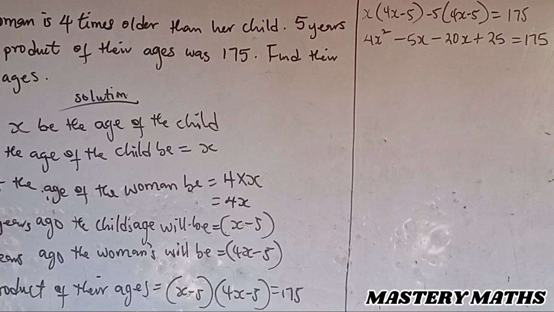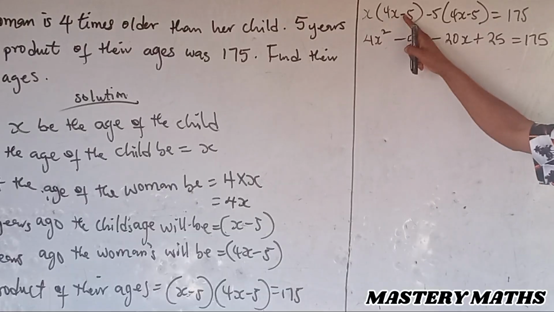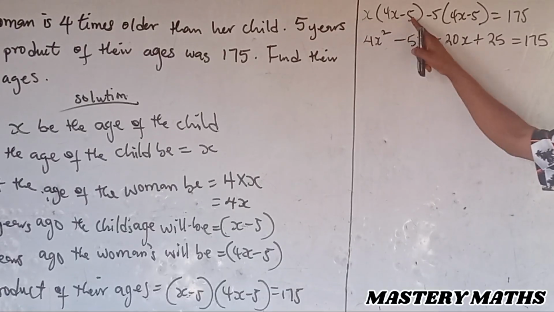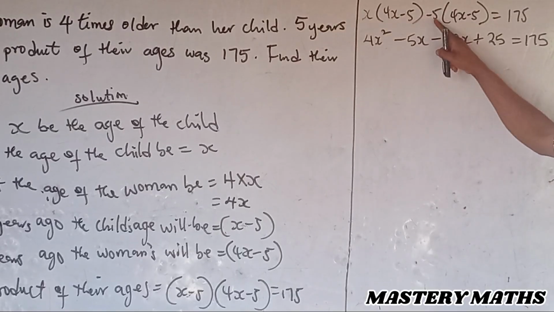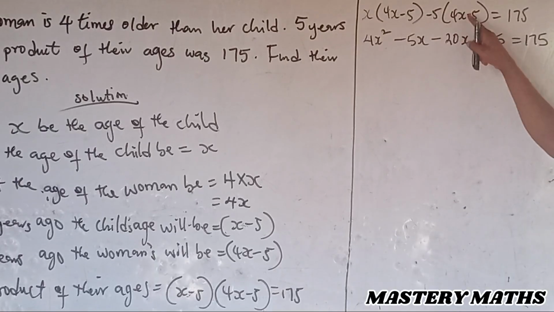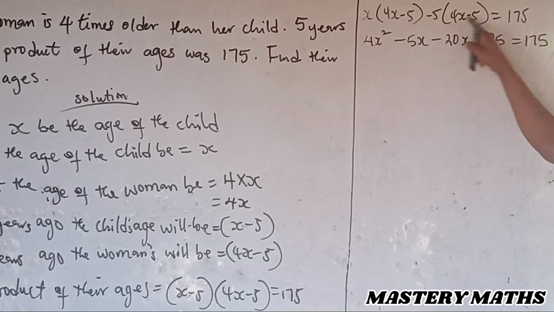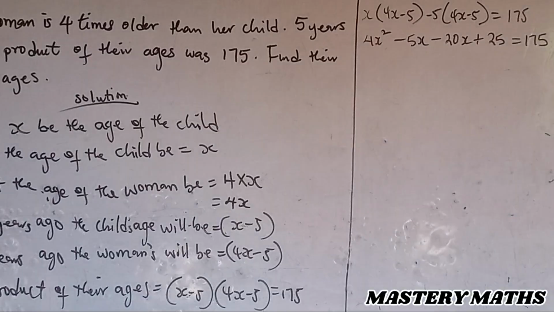You see how I got this? X times 4X is 4X squared. I brought out the minus sign. X times 5 is 5X. I brought out this minus. 5 times 4X is 20X. Minus times minus is plus. 5 times 5 is 25. I brought down this. Now what should I do?